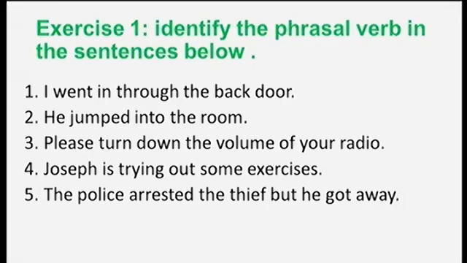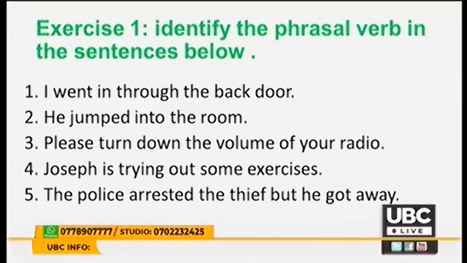When you write that sentence, underline, so I'll be able to know that what you have underlined is the phrasal verb. You can either call in and tell me what the phrasal verb is in sentences 1 to 5, or please send a WhatsApp message.